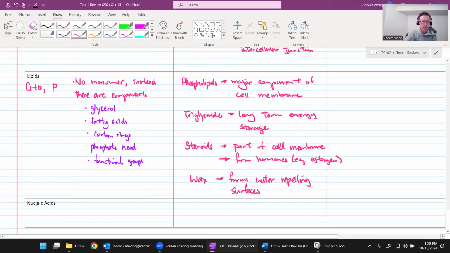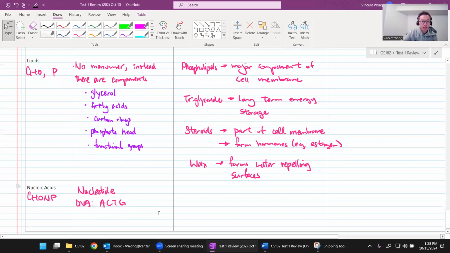Okay, nucleic acid: C, H, O, N, P. The monomer is the nucleotide. Okay. So for DNA, it is A, C, T, G. And then for RNA, it's A, C, U, G. Instead of thymine, we have the uracil, right?